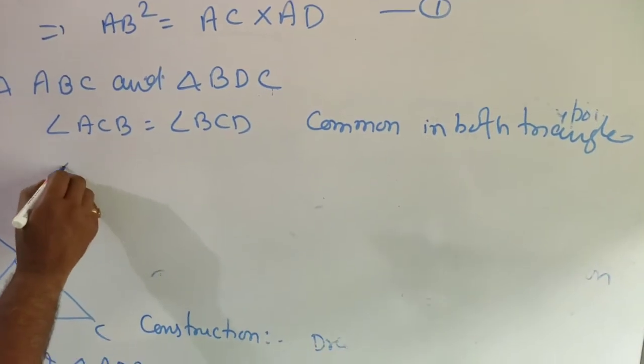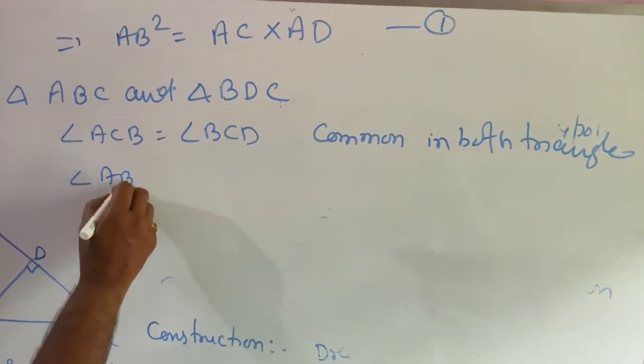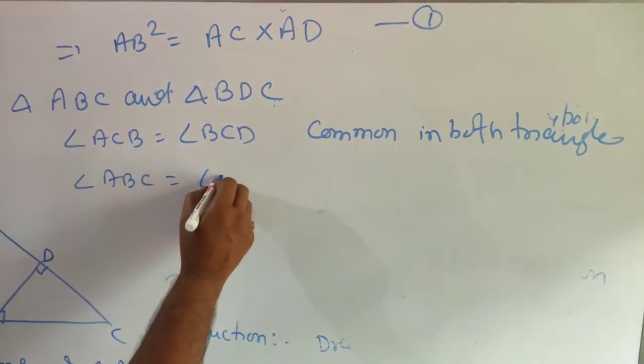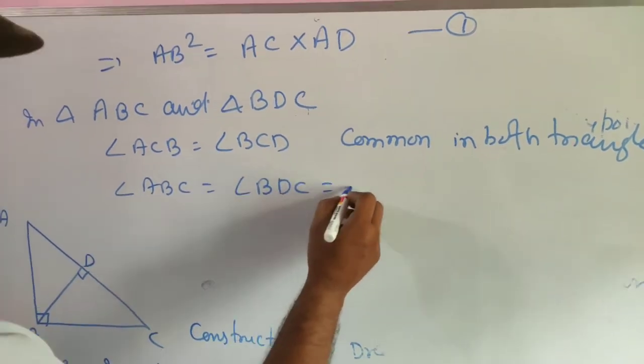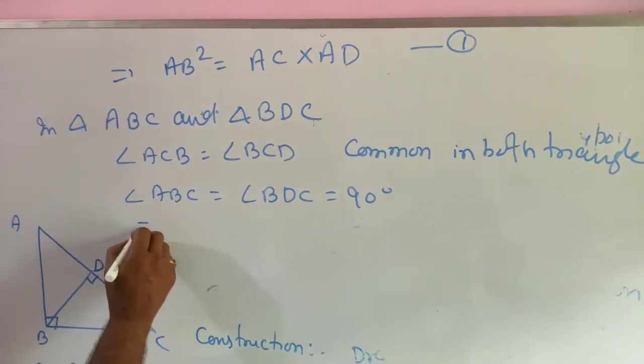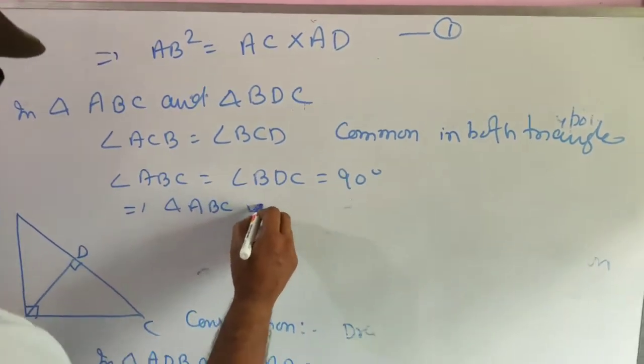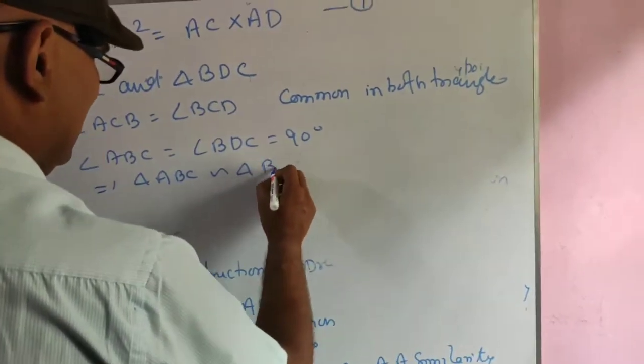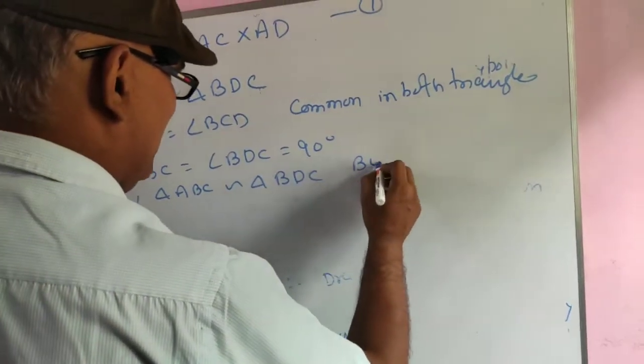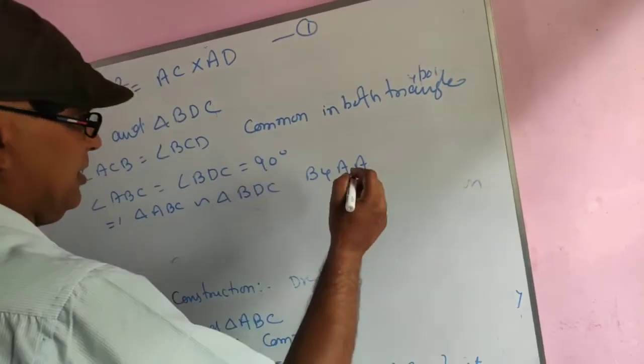And angle ABC is equal to angle BDC, each is equal to 90 degrees, which implies triangle ABC is similar to triangle BDC by AA similarity.